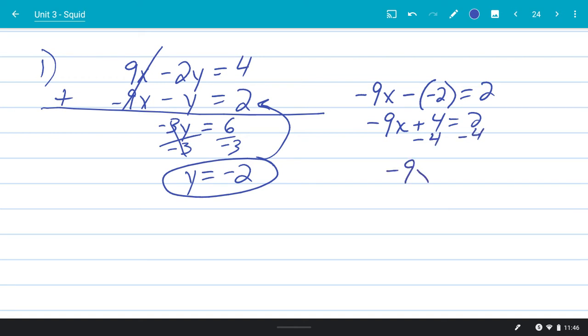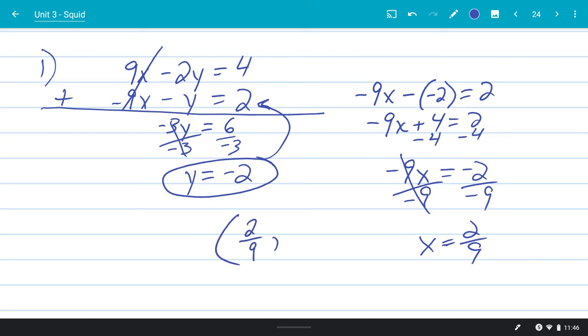So negative 9x equals a negative 2. Divide by a negative 9. And x equals 2 ninths. So my solution then is 2 ninths, negative 2.